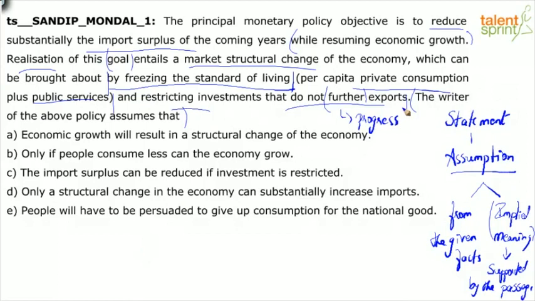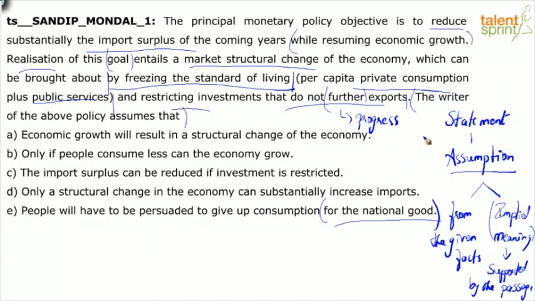So what is the writer assuming here? Most of you have come back and said C. Let's look at option by option. I'm going to go from the back. Option E, that's what Rani says is the answer, but let's see if that is the answer. People have to be persuaded to give up consumption for the national good. Well, I don't know about the national good because nothing is mentioned about the national good, a direct reference made to this.